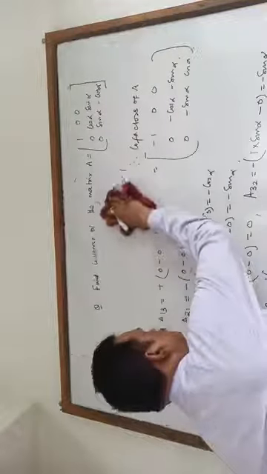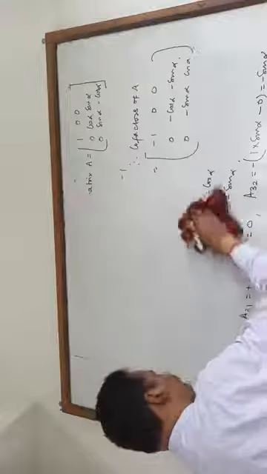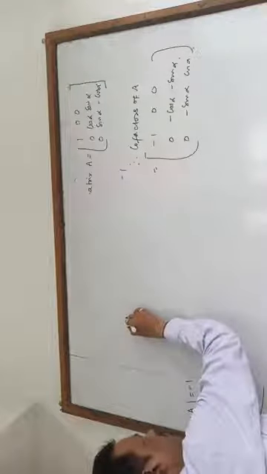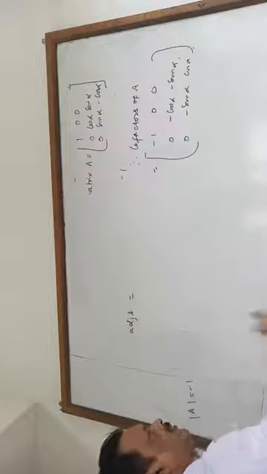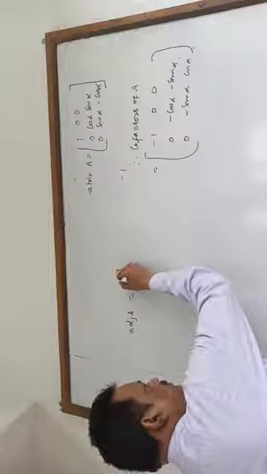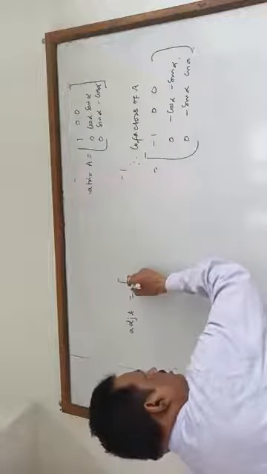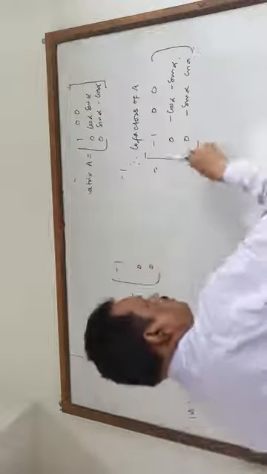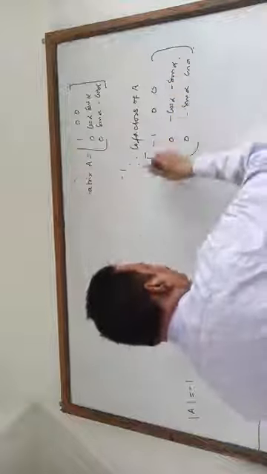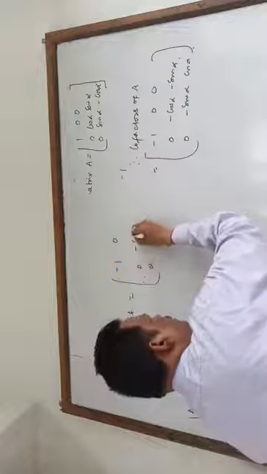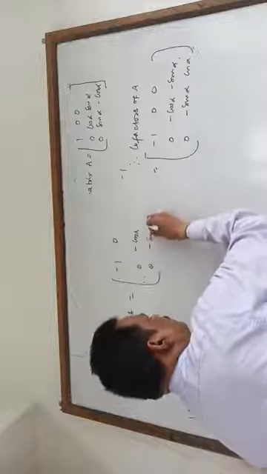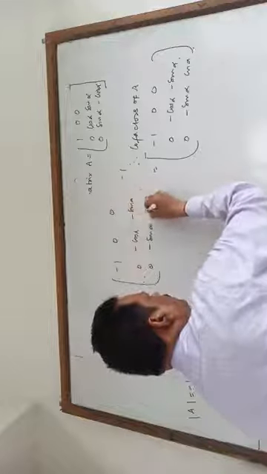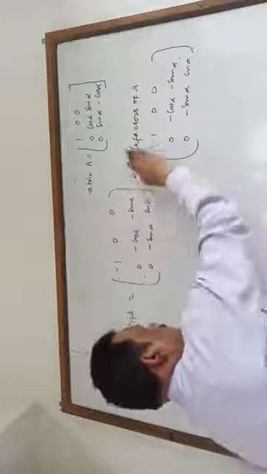Now find the adjoint of A. That is the transpose of cofactors. Minus 1 0 0. This line becomes like this, and this line will be 0 minus cos alpha minus sin alpha, then 0 minus sin alpha cos alpha. Okay.